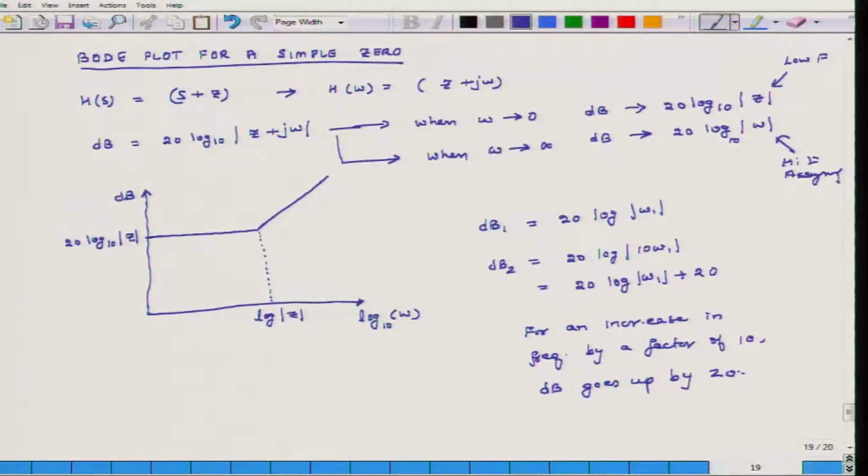I increased the angular frequency by 10x, dB went up by 20, which means that the slope of this line is 20 decibels per decade.